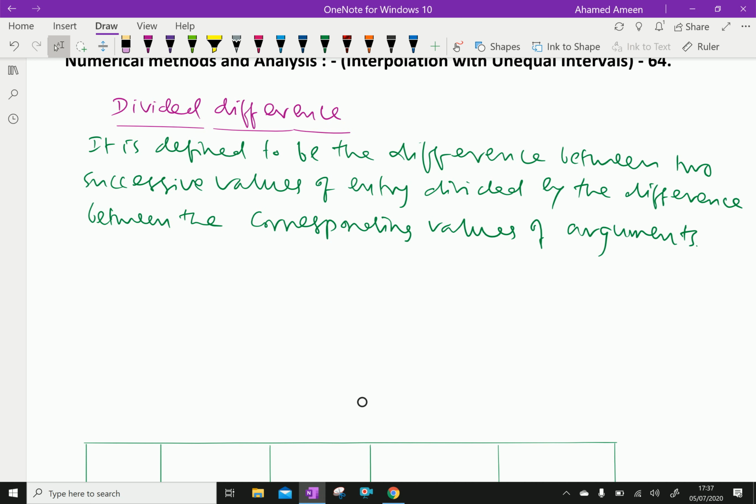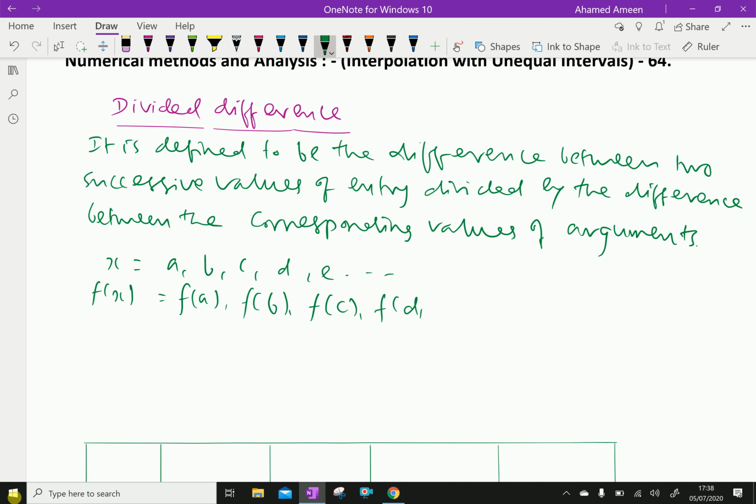Look at this example. Suppose x has the values a, b, c, d, e, and f of x equals f of a, f of b, f of c, f of d, and f of e.